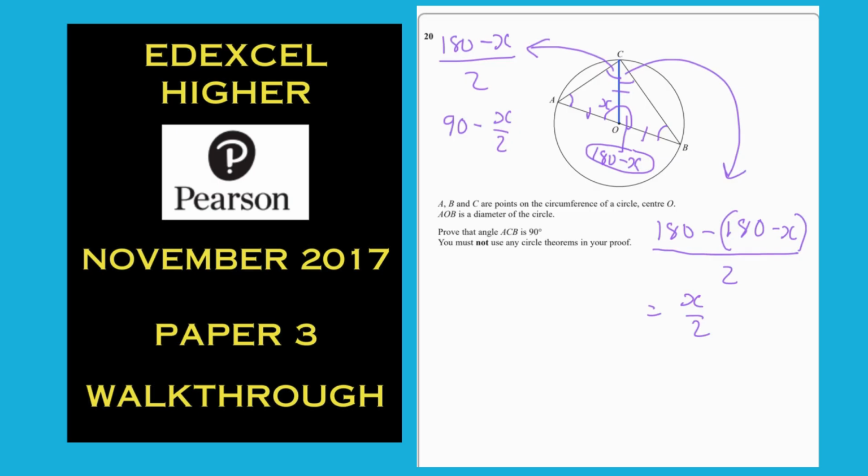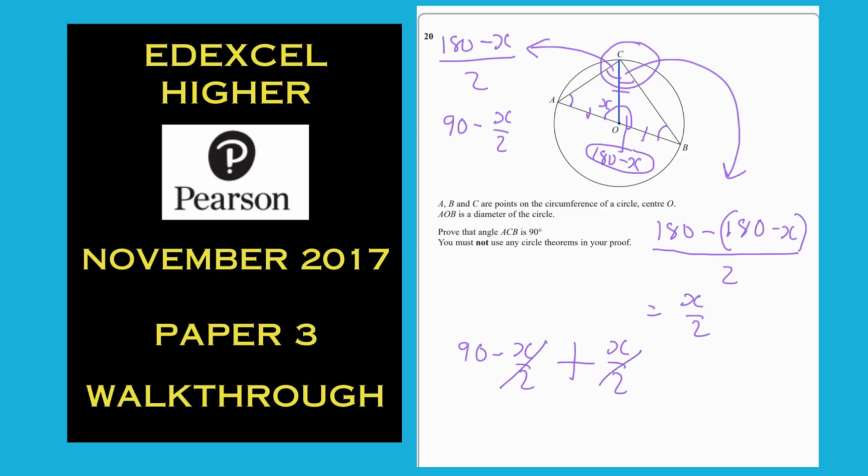So in other words, by just letting X be an angle and 180 minus X be the other angle, you've now got two angles that meet at C. One of them is 90 minus X over 2, and the other one is X over 2.